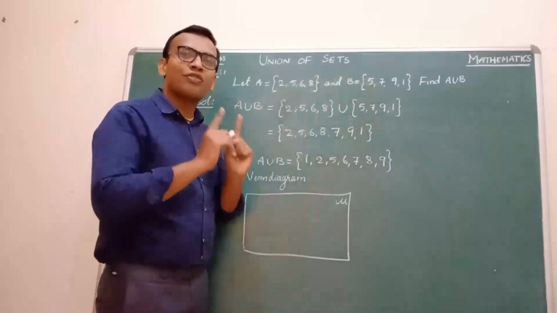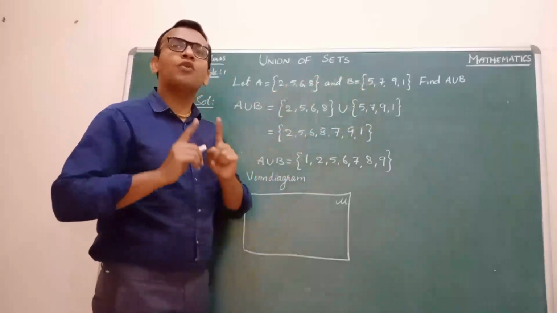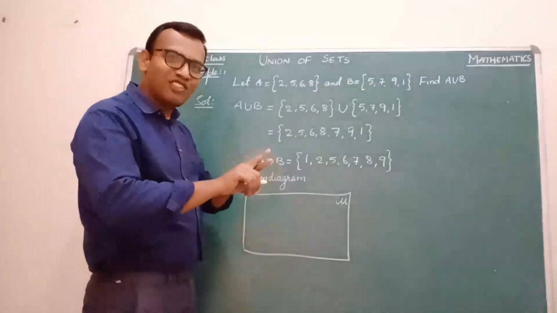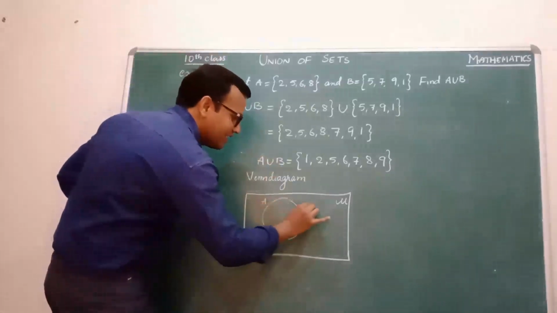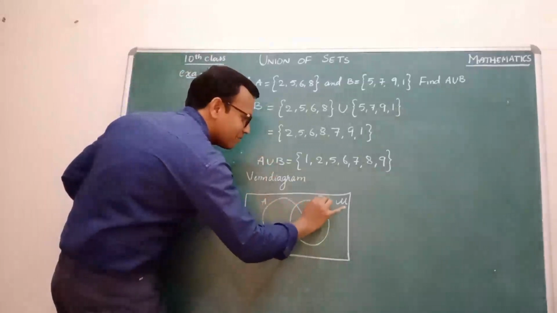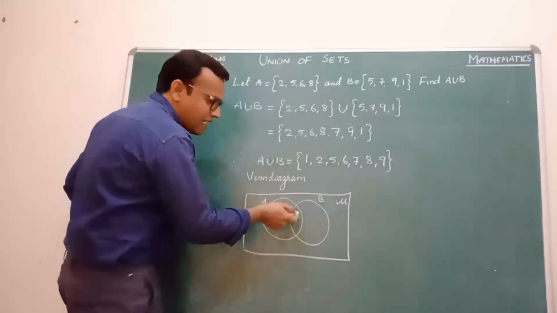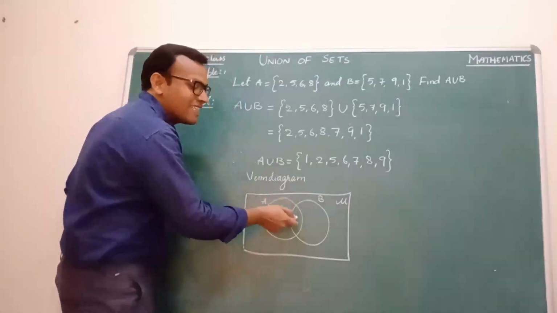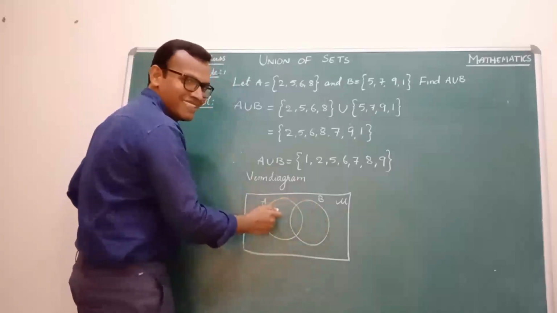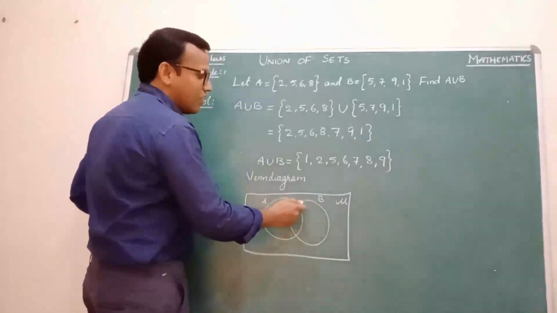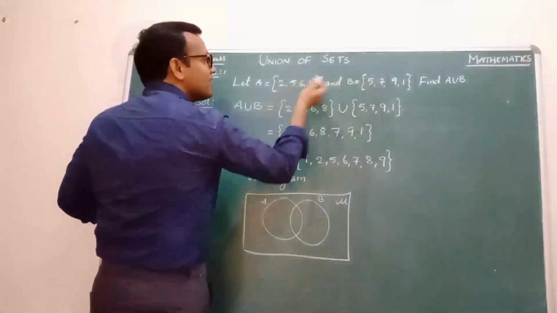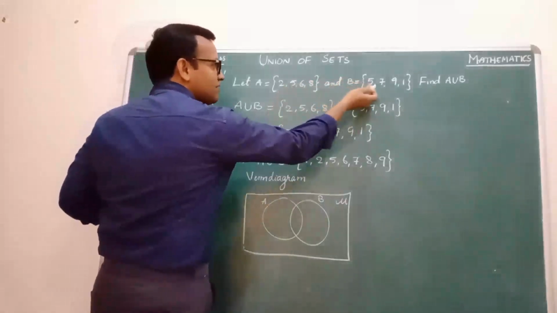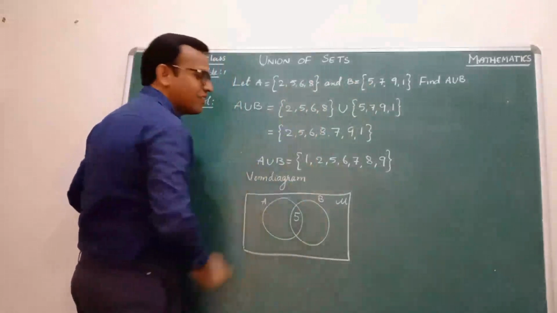That means both the sets have one element in common, that means they are joint. So let me write like this, set A, set B, and this portion is the intersection of both the sets, the common area. In that common area, what elements are in common? Let us check. 5 is the only element in common.